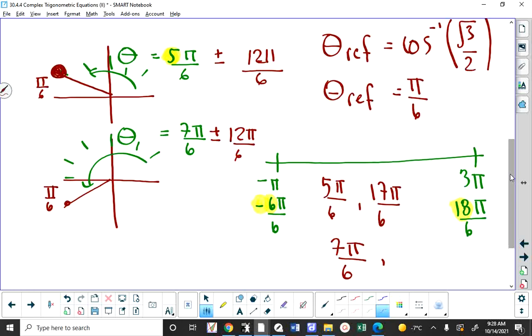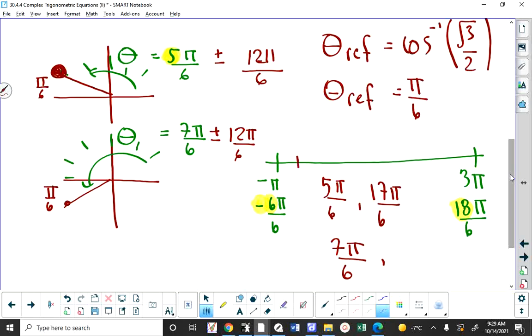Well, 7 plus 12 is 19. 19 pi over 6. No good, because the upper limit of our domain is 18 pi over 6. That didn't work. What if we take 7 pi over 6 and subtract 12 pi over 6? So 7 minus 12 is negative 5. So this would be negative 5 pi over 6. And that is in the domain.